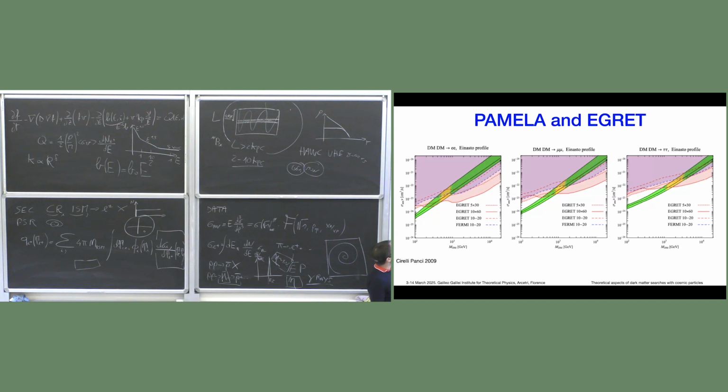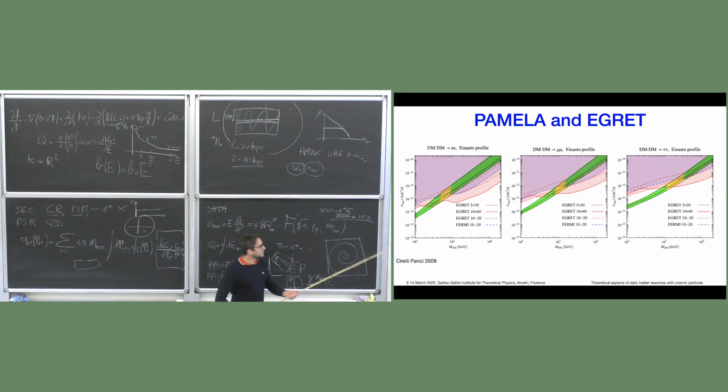And as you can see, this region of fitting the positron data starts to be in tension with the upper limits from gamma rays. In particular, these upper limits come from the analysis of the Milky Way. So you take the unresolved gamma ray emission in the galaxy, and if dark matter injects positrons, you have prompt production of gamma rays plus inverse Compton scattering.